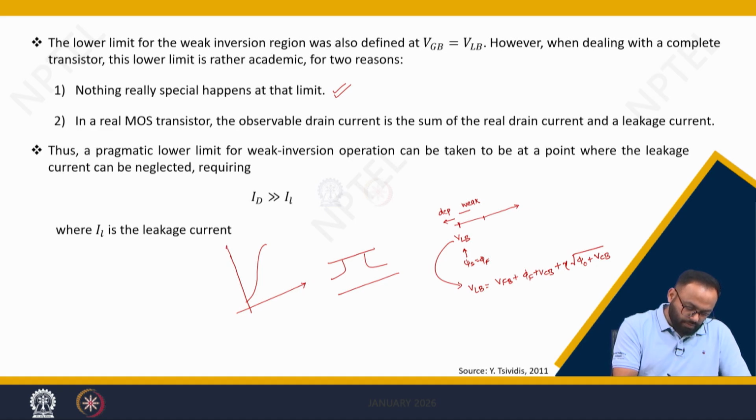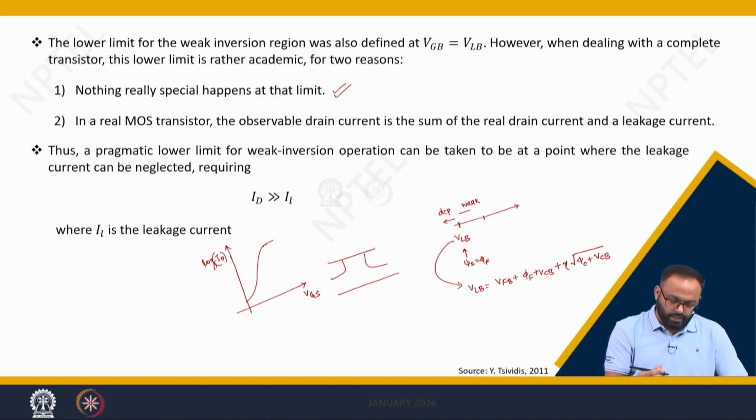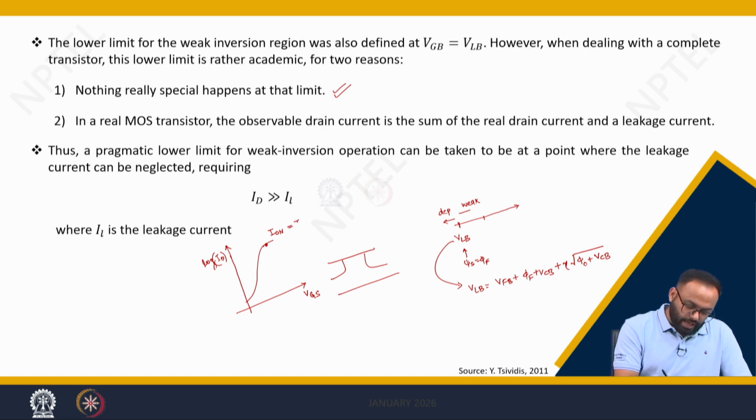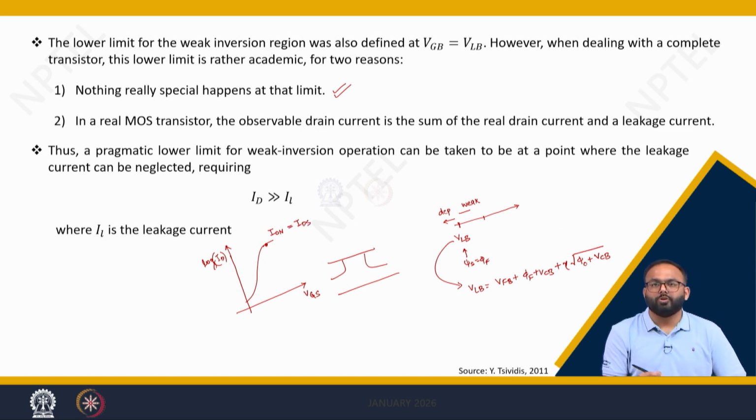Let's say we'll discuss later how this graph comes up. Just take it for granted that this is log of ID and I am plotting it with respect to VGS. Then this current is the on current, or this current is IDS, the drain to source current.